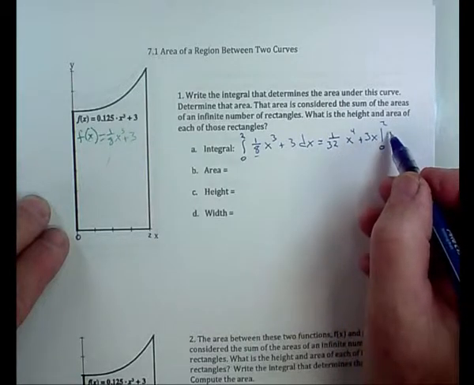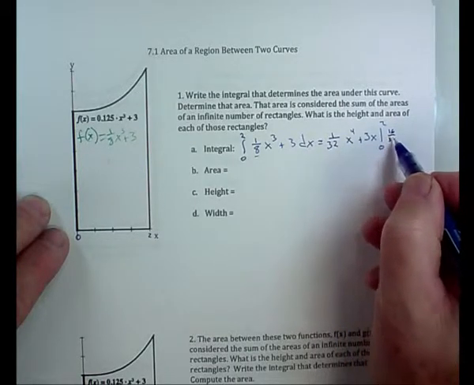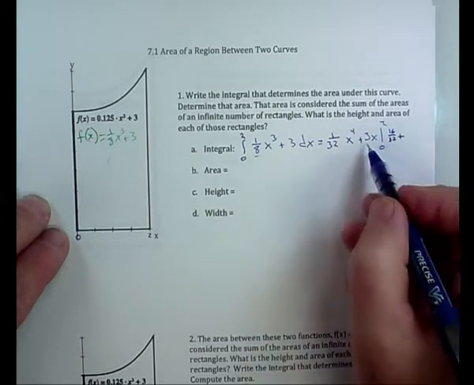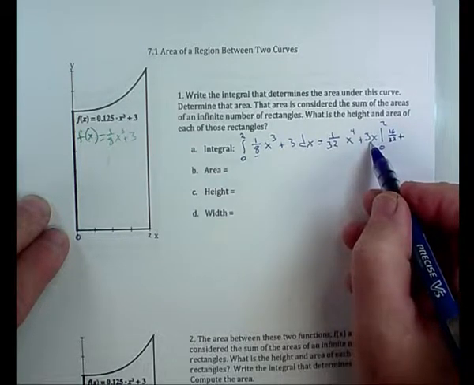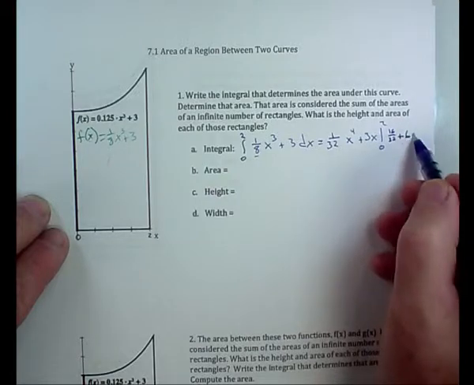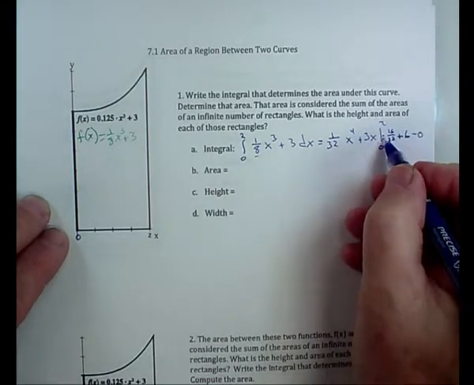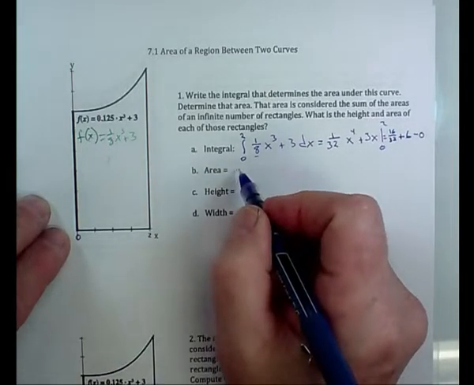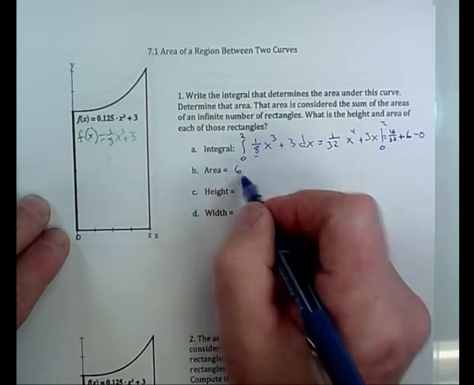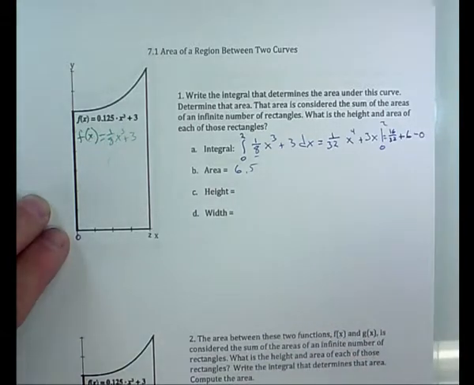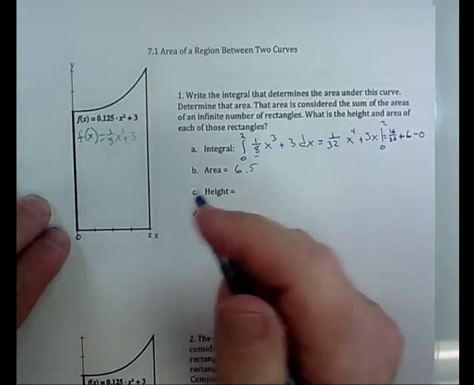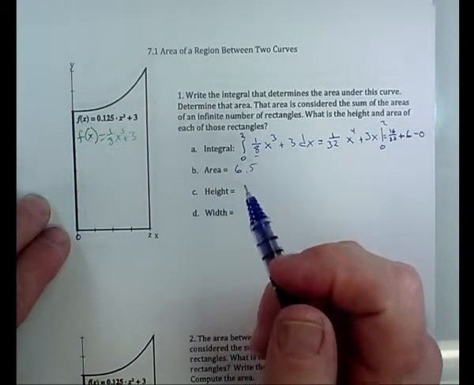So I get 16/32 plus, if I put 2 into here, what do I get? 6 minus 0, right? I should probably write an equal sign here. So what's my area? 6.5. Beautiful.